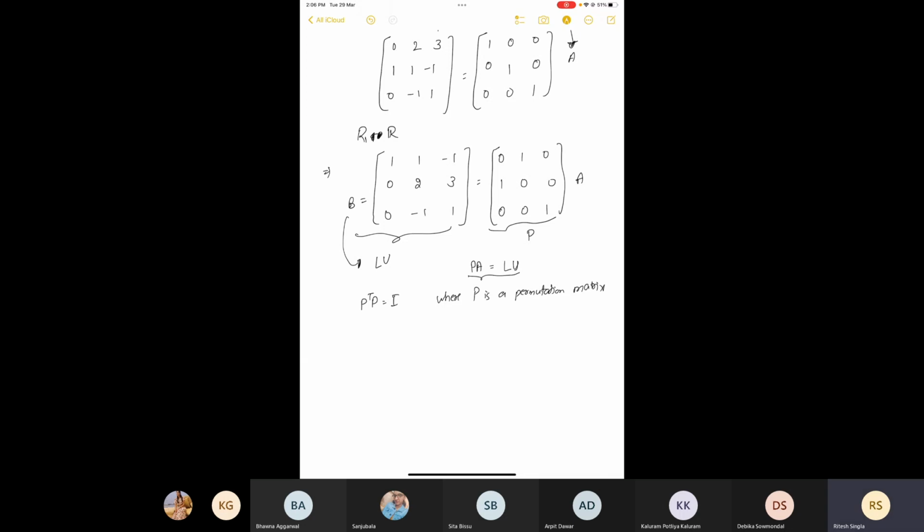So pre-multiply both sides of equation 1 by P transpose. Then you have P transpose PA is equal to P transpose LU. That is, A is equal to P transpose LU.